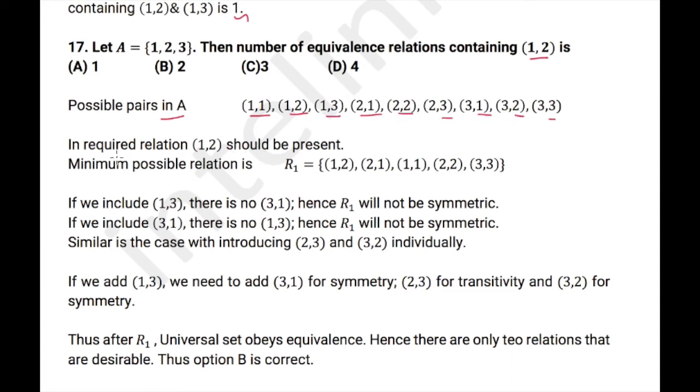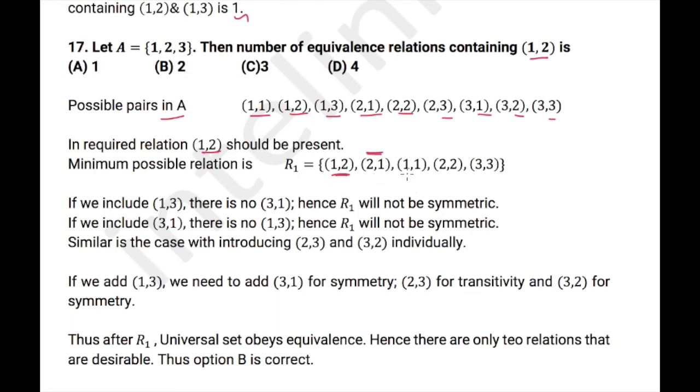Now we need a relation which should contain (1, 2), and it should be equivalence also. So first I need to write (1, 2), and it should be reflexive, symmetric, as well as transitive. So for symmetricity I can write (2, 1).